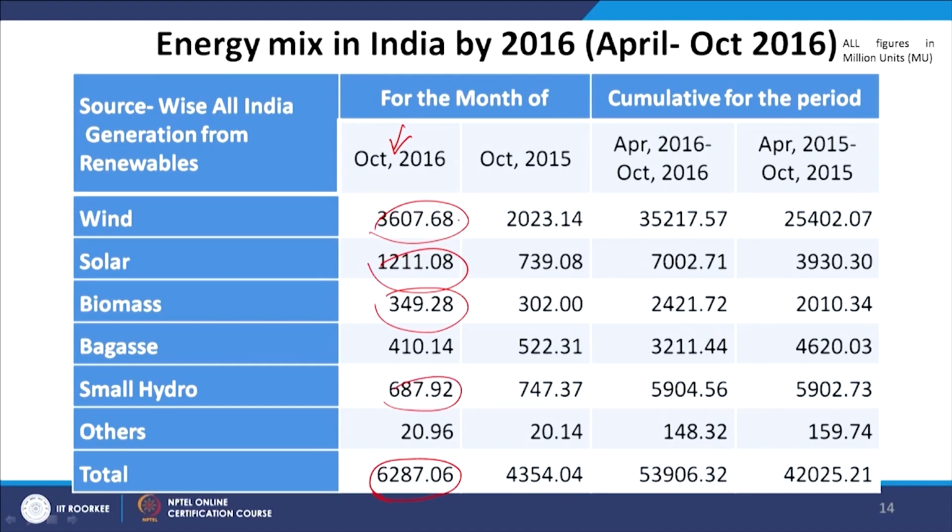So this gives me an idea of the energy mix, especially from renewable sources, in a particular month. We can see the pattern in which it has been generated. We can see October 2015, and this is April 2016 to October 2016, which is a 6-month period, as well as for 2015. So reasonably we are in a good position with respect to renewable power generation and their mix as well as energy production.